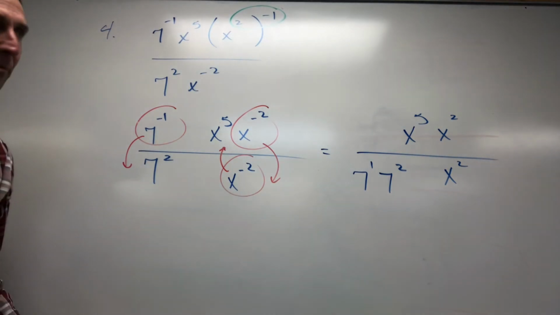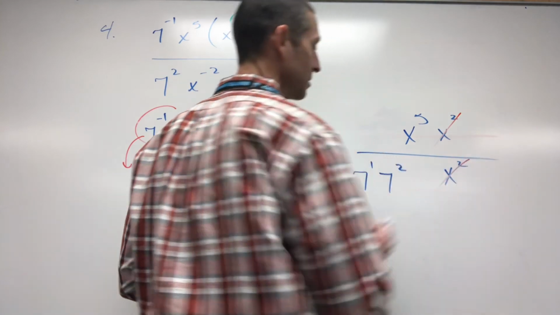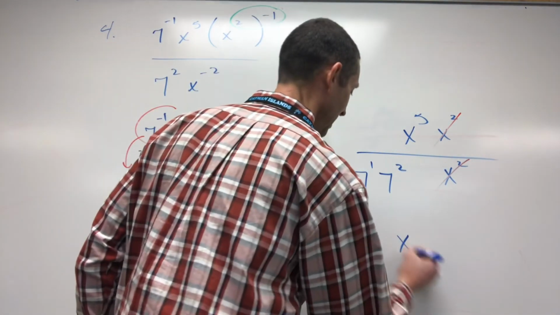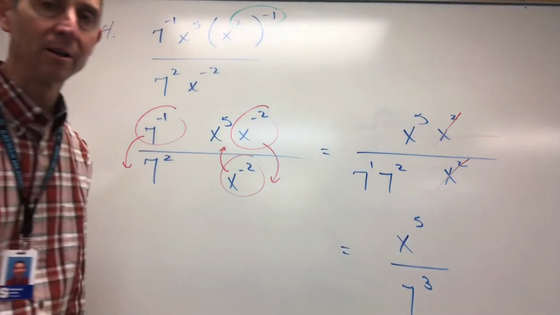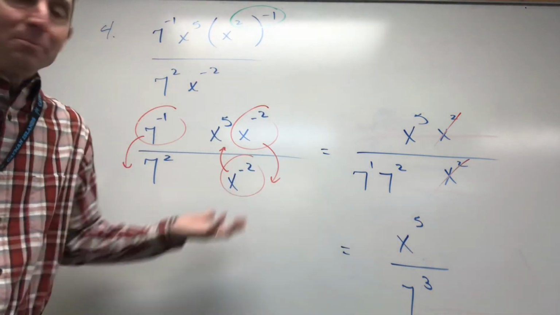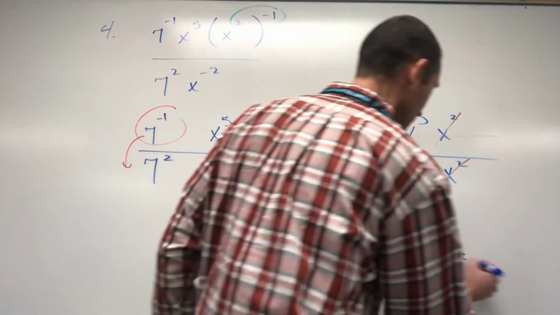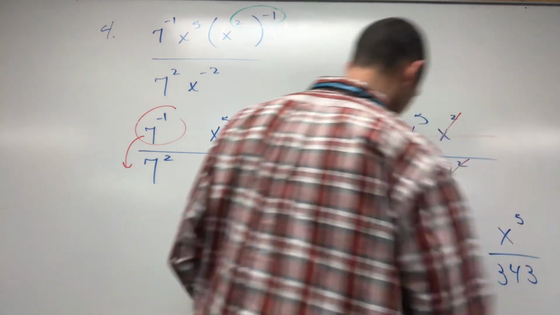All right, so you got some math problems you got to do. Here's the nice thing. X squared and x squared just cancel out. So we're left with an x to the 5th over 7 to the 3rd. You're like, wait a minute. I can pull off 7 to the 3rd. That's like 343.